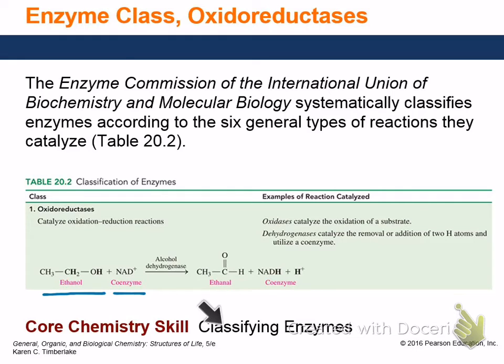The OH broke apart, and I formed a double bond here. So I removed 2 hydrogens. If I remove hydrogen, what is that? It's an oxidation reaction. NAD+ is the coenzyme that picks up the hydrogens and helps to oxidize the ethyl alcohol into an aldehyde, and then produces NADH and an H+.